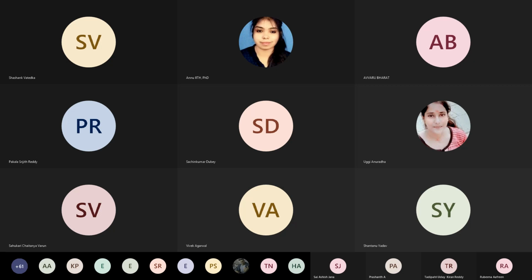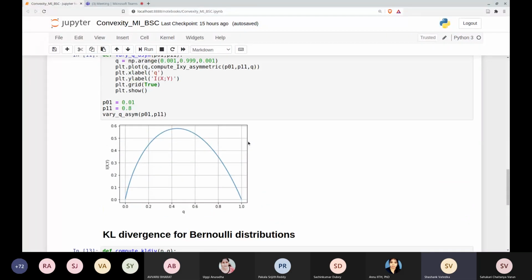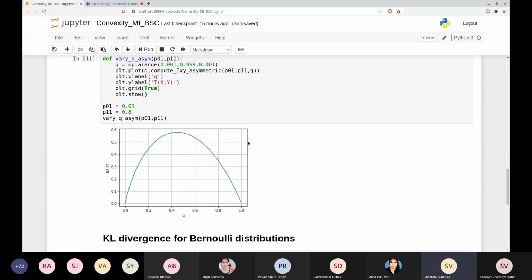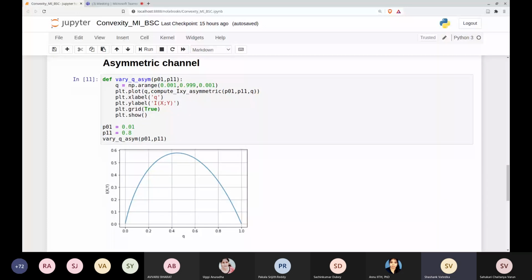Could you just scroll down to the binary asymmetric channel, the graph? One second. Right, so here, can you see it now? I didn't get the reasoning why mutual information should be maximized at that point.